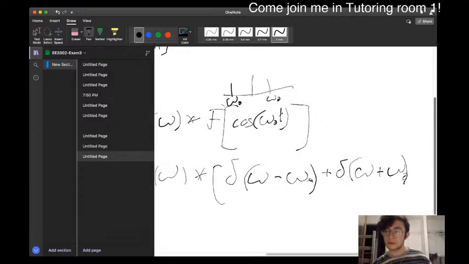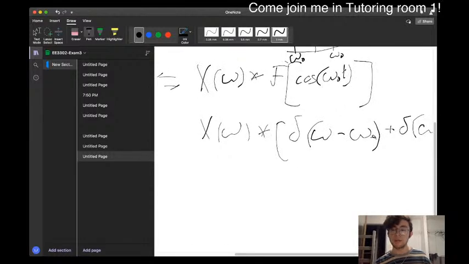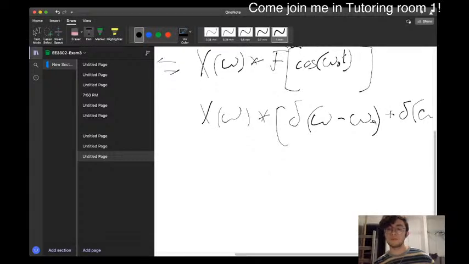Cool. And remember what we were talking about earlier, that if we convolve by a delta function, then we'll just get a copy of our function that we're convolving with centered at that delta, wherever that delta is defined.